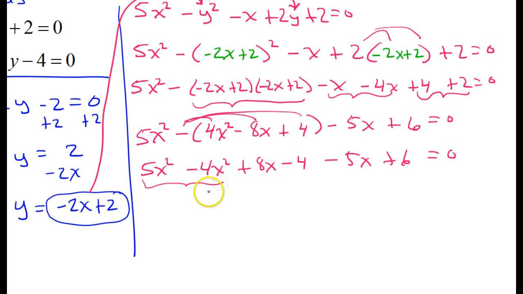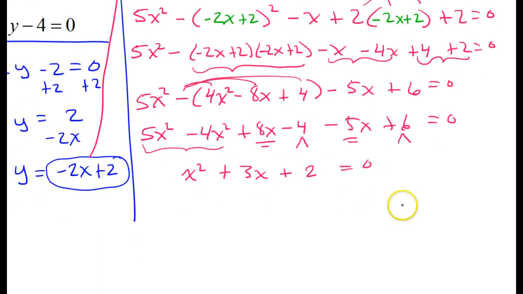Okay, combining these like terms will give me x squared. Well, I've got 8x minus 5x, so that's 3x. I've got negative 4 and positive 6, so that's plus 2 is equal to 0.